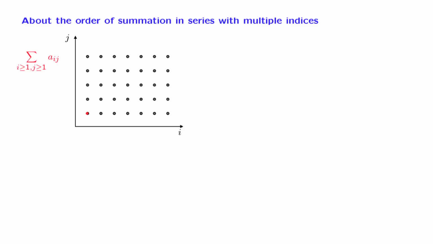Let's say we start from here, take that term, add this term, then add this term here, then add this term, then the next term, and so on, and we can keep going that way, adding the different terms according to some sequence. So essentially what we are doing here is we're taking this two-dimensional grid and arranging the terms associated with that grid in some particular linear order, and we're summing those terms in sequence.